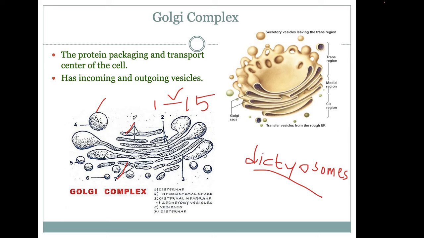These are the cisternae, see in the diagram also. Okay. There are few spherical large vacuoles and tubules which are bounded by a single unit membrane and filled by amorphous substances.